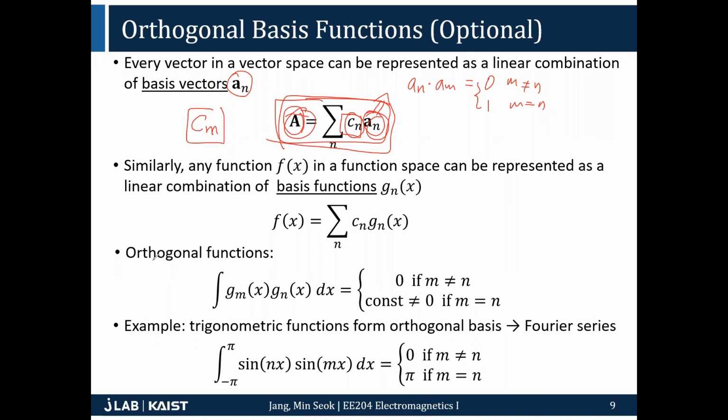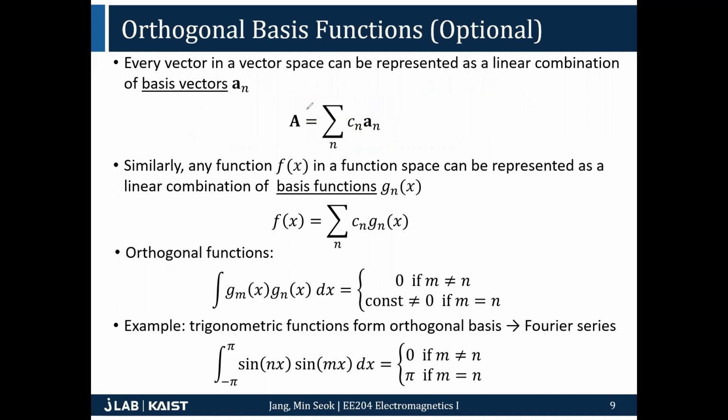Can anyone type in? Inner product, right? As you said, you can take the inner product. So you can just take the inner product of Am, right? And then this part you can easily calculate. You can just take an inner product.